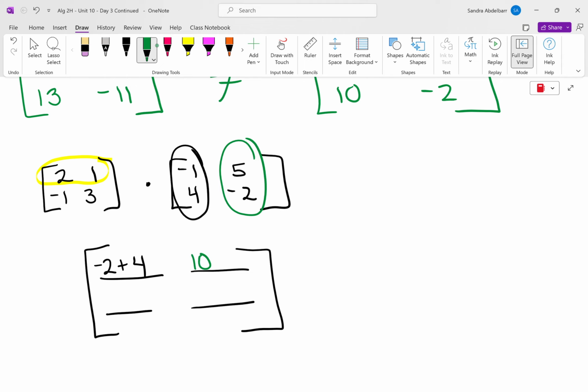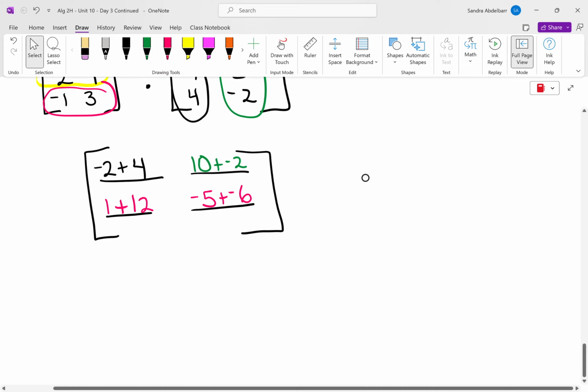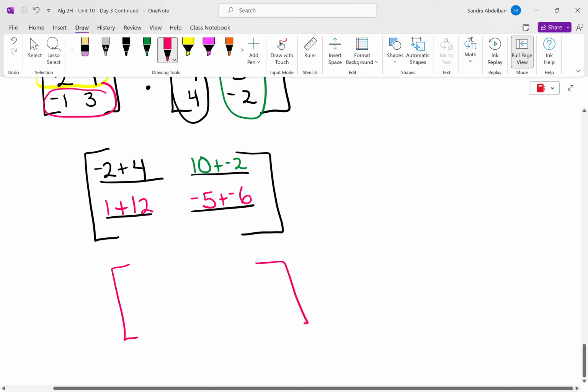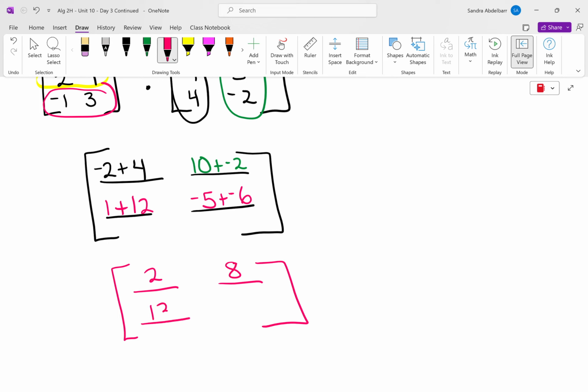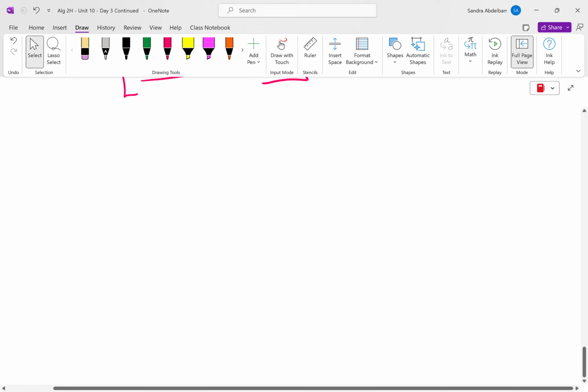Then the second column: 2 times 5 is 10, 1 times negative 2 is negative 2. Now the second row: negative 1 times negative 1 is 1, 3 times 4 is 12. Negative 1 times 5 is negative 5, 3 times negative 2 is negative 6. So we end up with 2, 8, 13, negative 11.